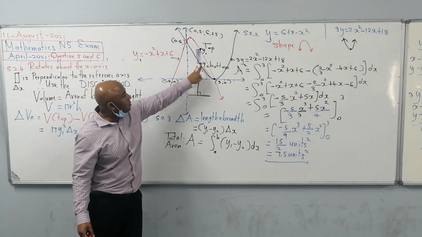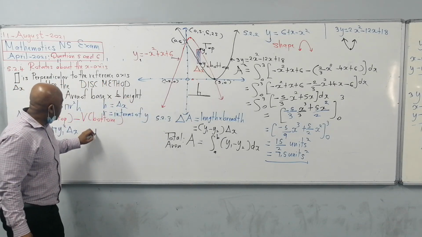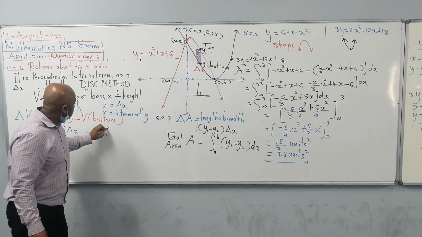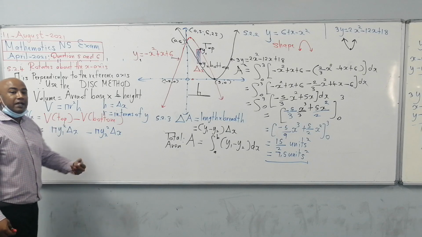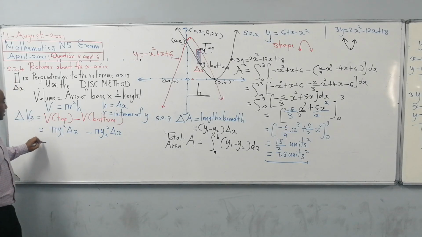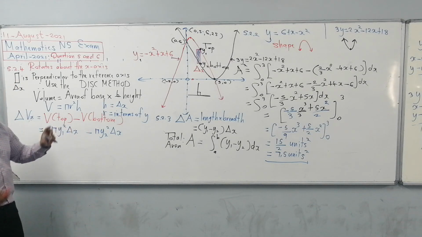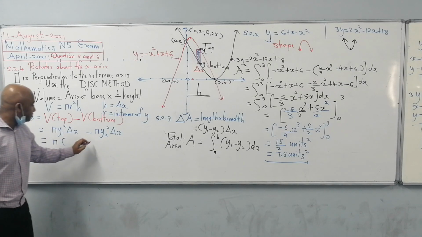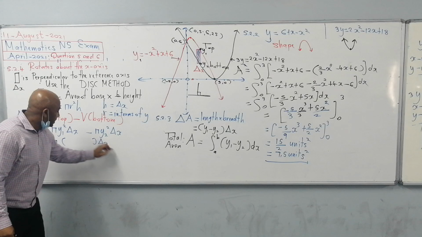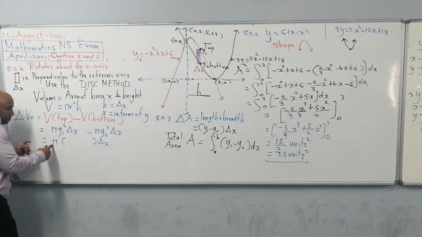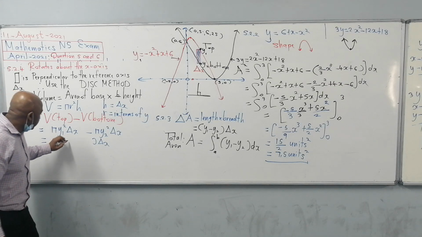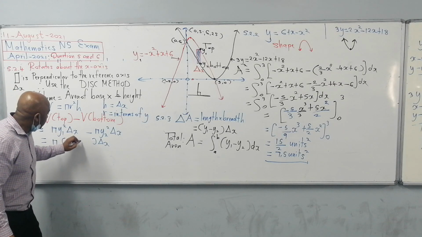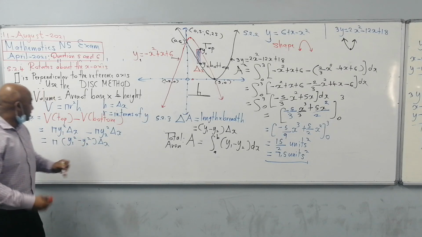The bottom graph here is y2. So that's going to be pi y2 squared times, it's the same, delta x. What happens now is we factorize this so it looks neater. So you take out pi as a common factor, take out also delta x as a common factor. It's just that we write pi here, delta x there, it's multiplication, it doesn't matter. So here we get y1 squared minus y2 squared.